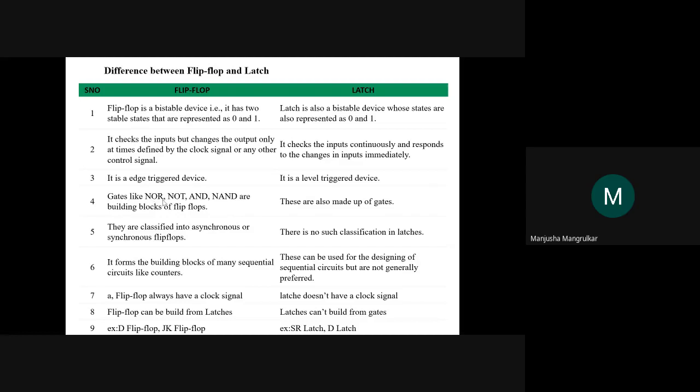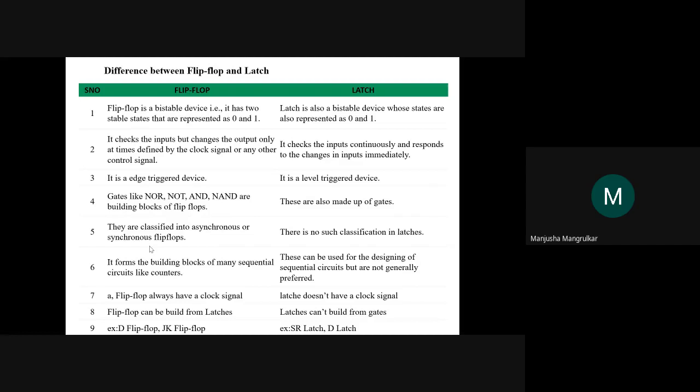Gates like NOR, NOT, and NAND are building blocks of the flip-flop. These gates are used to build the flip-flop. They are made up of gates, right? They are classified into asynchronous and synchronous.